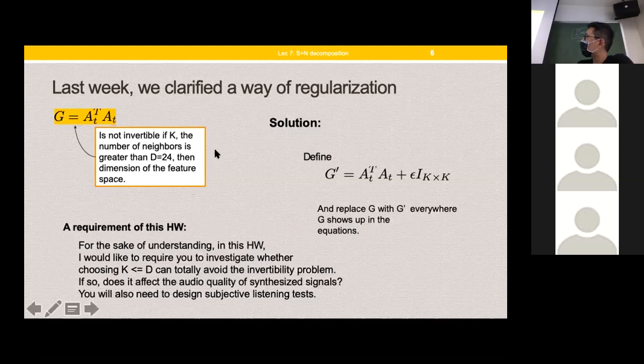All the problems stem from the fact that A transpose A will not be invertible if the size is bigger than 24. So how about we forget about choosing a lot of neighbors? How about for every input frame, we only choose, let's say, 20 neighbors, or even 16, or 10, or 8, a number smaller than 24.